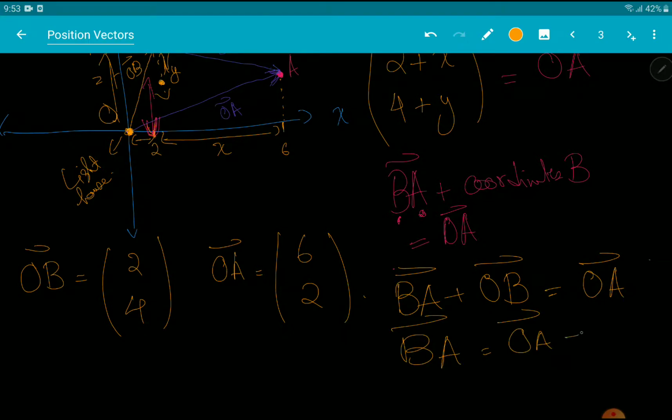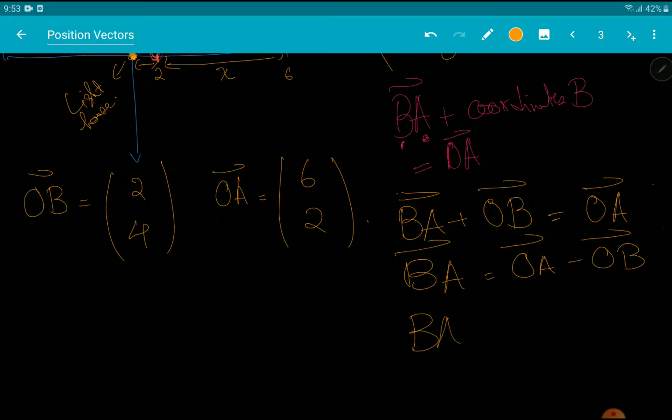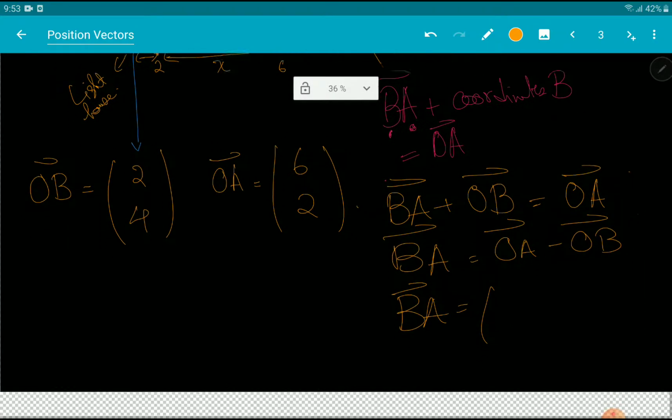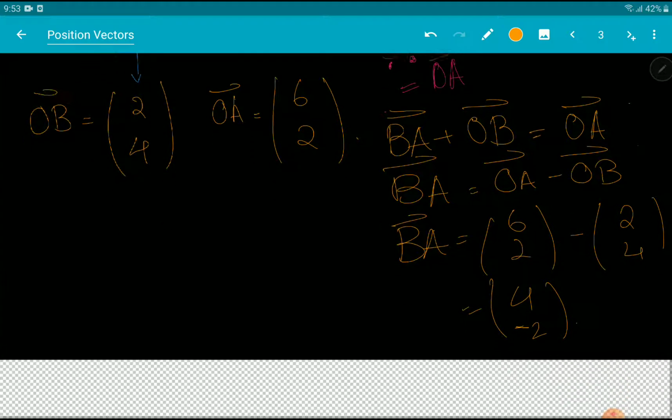OA minus OB, and we can easily calculate BA like this. Make it a bit smaller. 6, 2 minus 2, 4. 4 and minus 2. That's what BA is. 4 and minus 2, right?